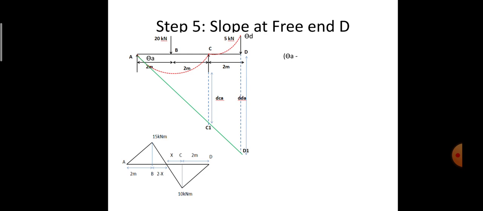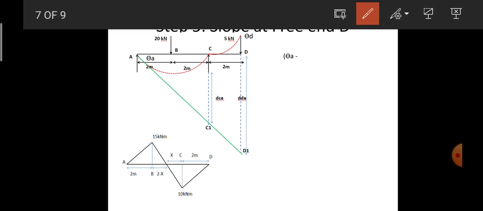Now, the next step is to calculate the slope at the free end. I have the deflected position here. At A, I have theta A, which I can observe here. With reference to point D, it is theta D here.